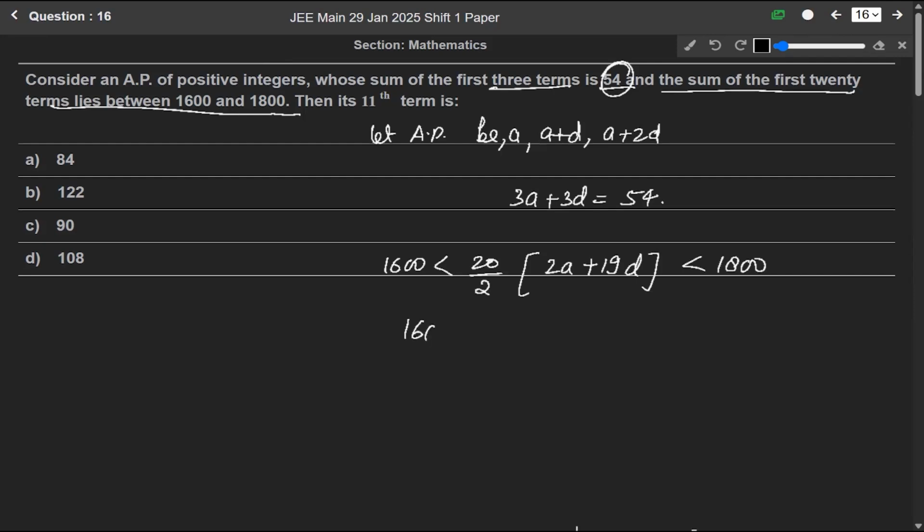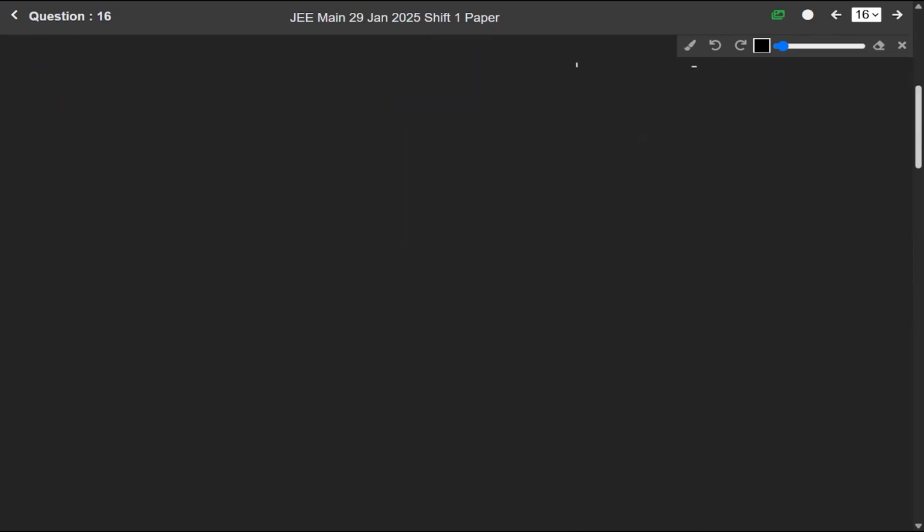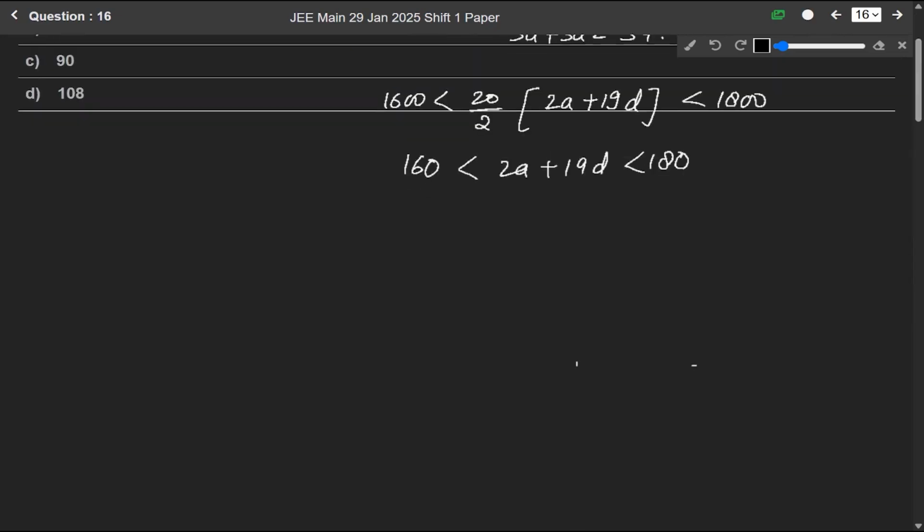So from here we can write 160 less than or equal to 2a plus 19d, which is less than 180, na? 2a plus 19d.